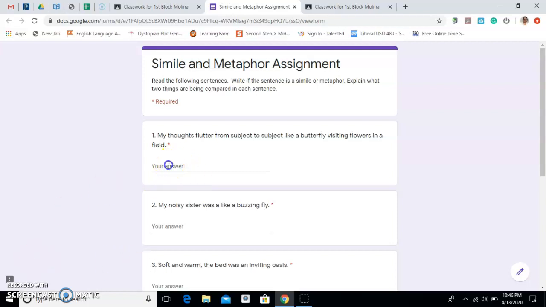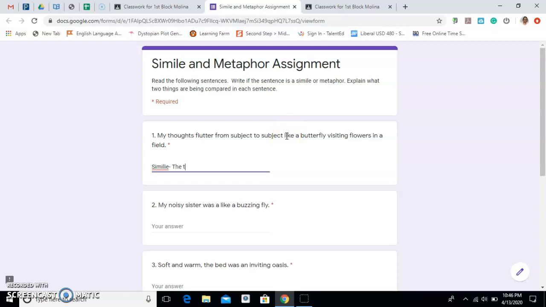So, the first one says, my thoughts flutter from subject to subject like a butterfly visiting flowers in a field. So I see that it has the word like, so I know it is a simile.